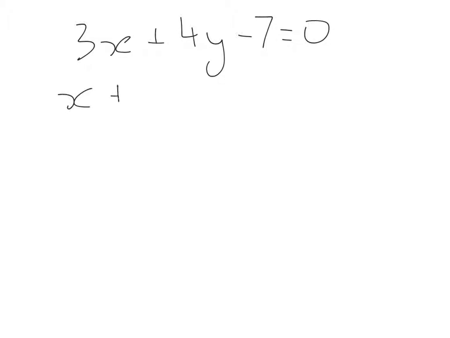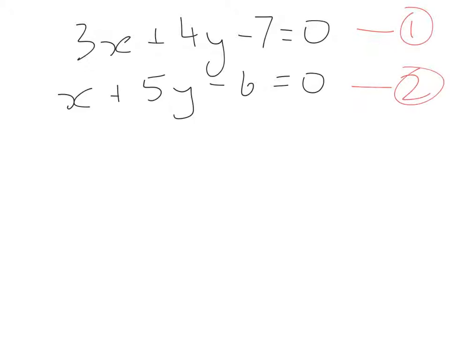Alright, sometimes it won't be that easy, but if you can find a variable by itself. Now it doesn't say x equals or y equals, but you can see this x here is by itself.